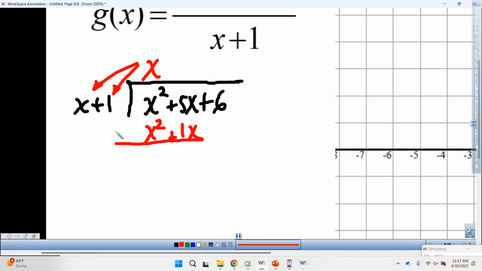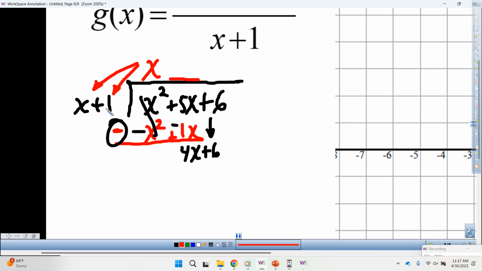We're going to subtract, circle it, distribute it here and there. This cancels. We're left with 5x minus 1x is 4x. Bring down the next term. Continue. Again, what number times x gives me 4x, everyone? Enrique.